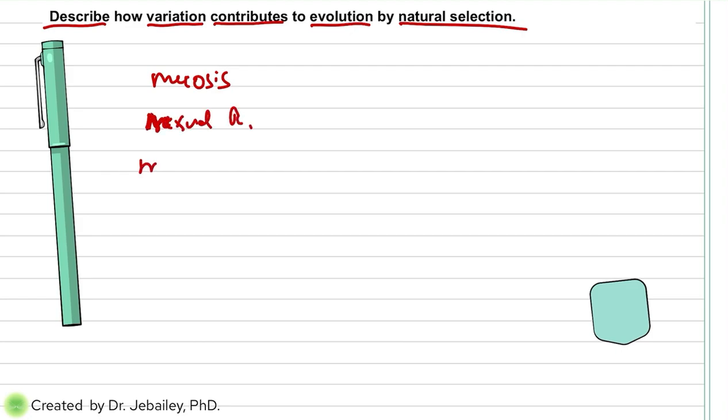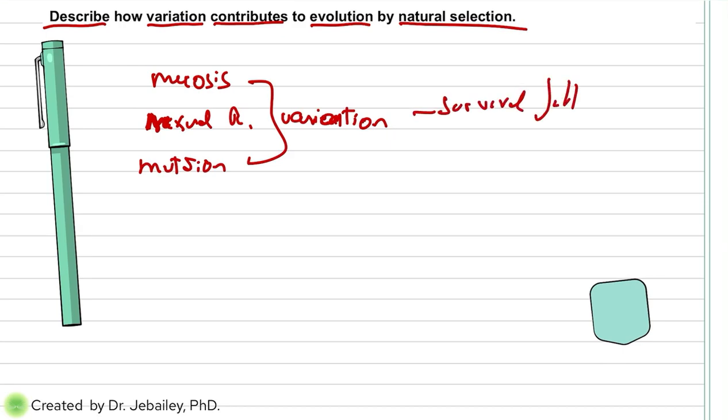You can also mention mutation, because these are the things that cause the variation. Then after you talk about that variation, you talk about the survival of the fittest, right? The one who has the best trait will survive, and if he survives, he passes on genes to the next one, and that's how you have the natural selection in which the evolution happens in the new population.